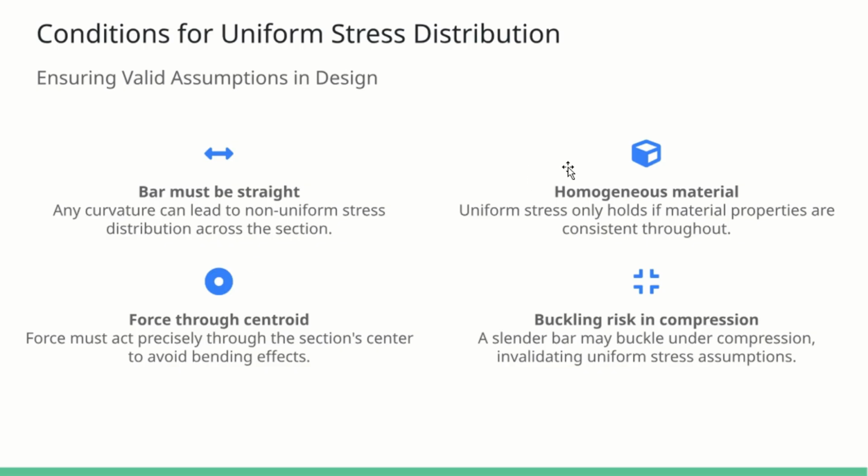Second, it is made from homogeneous material, meaning all the material is the same, not mixed material; uniform stress only holds if material properties are consistent throughout. Third, loading through the centroid: force must act precisely through the section center to avoid bending effects. Fourth, buckling risk in compression: a slender bar may buckle under compression, invalidating the uniform stress assumption. So these are the four assumptions.